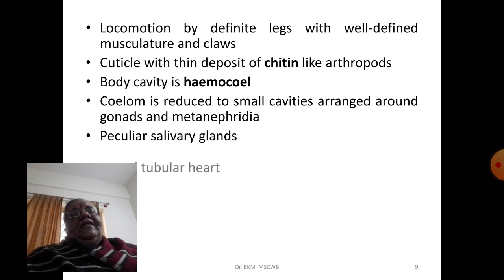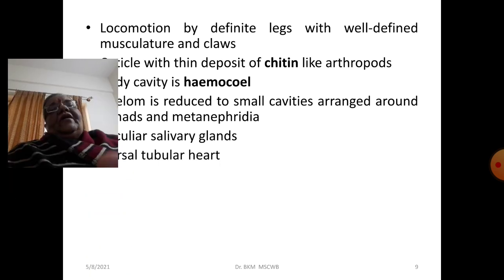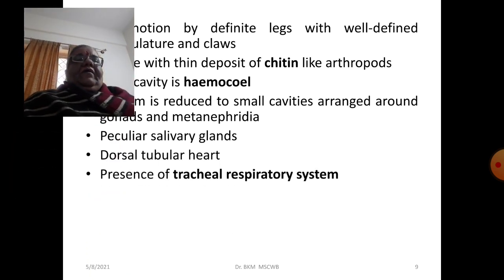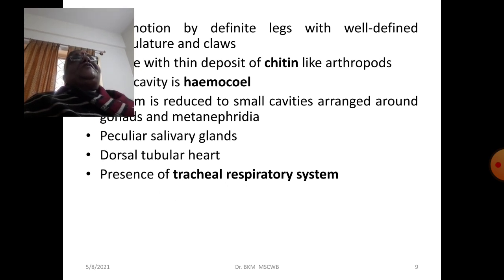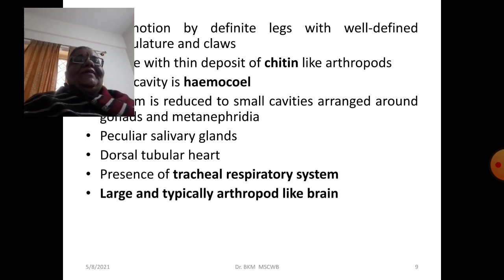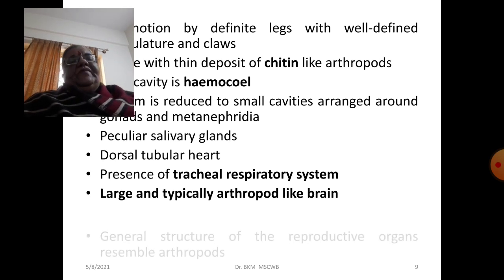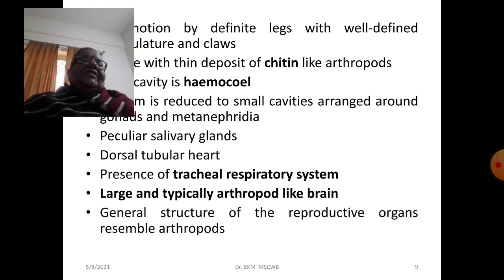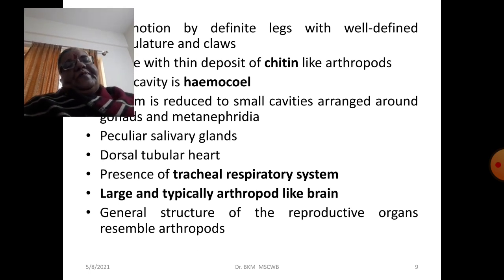Peculiar salivary glands, dorsal tubular heart, presence of tracheal type of respiratory system, what you see in insects, right? Large and typically arthropod-like brain, right? Then the general structure of the reproductive organs resembles the arthropods.